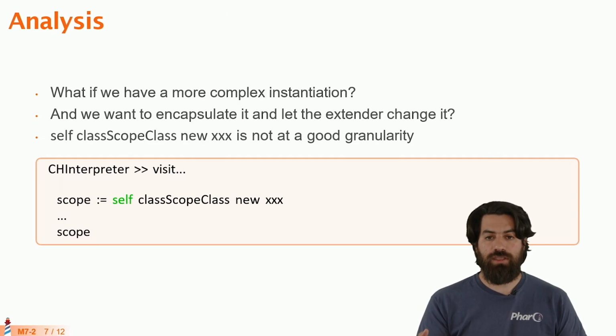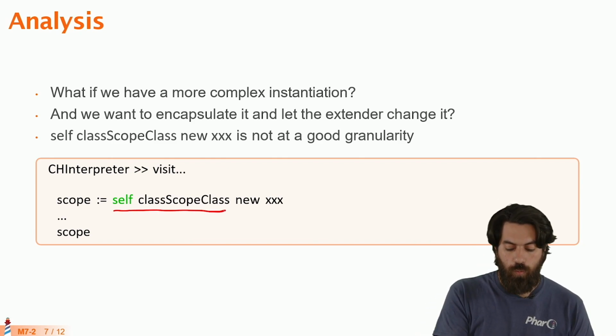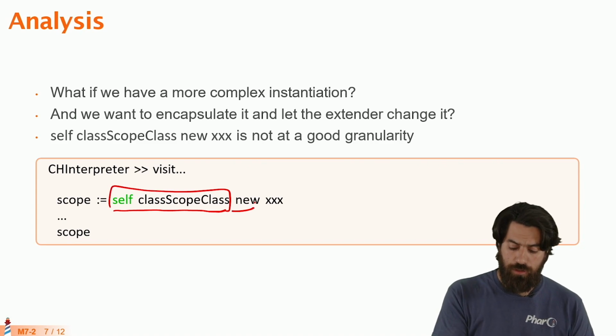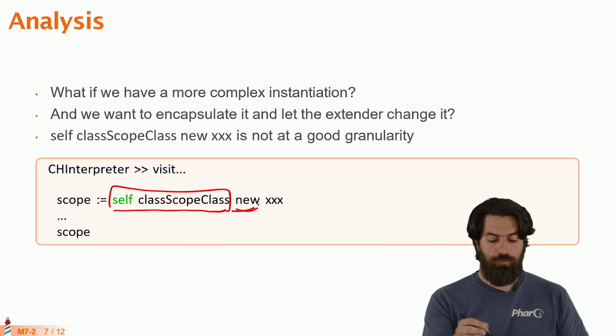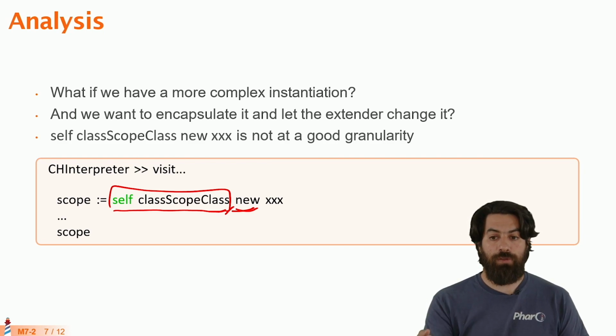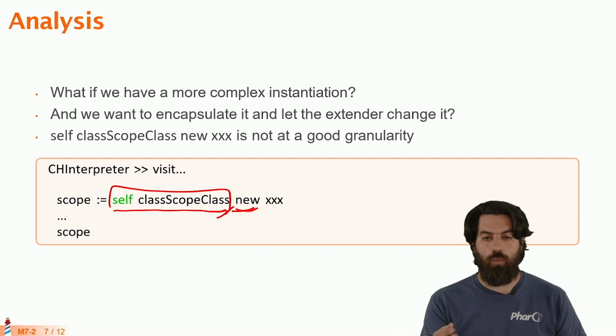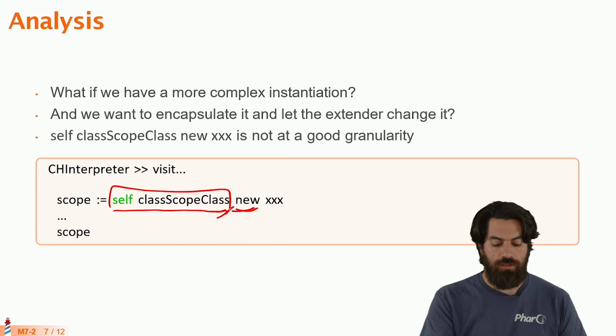Now, what happens if we want to have a more complex instantiation? Like, for example, actually what happens here is that we are taking the class and we are sending message new. So this message new is going to instantiate the class and configure it with default values of its instance variables. But what happens if, for example, this instance is actually a really complex object and we wanted to instantiate and configure a really complex graph of objects inside the scope?